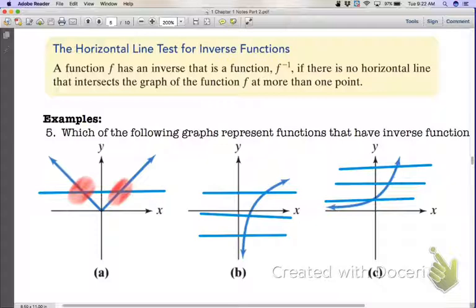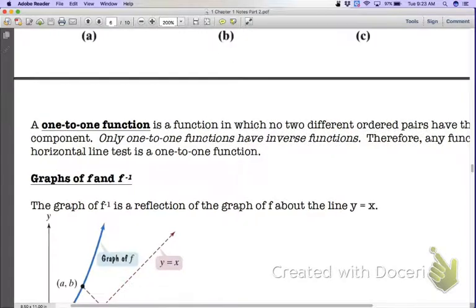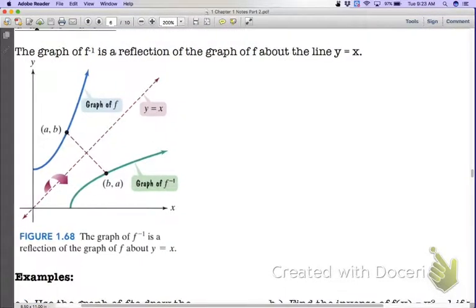So if it passes the horizontal line test, then it's going to be one-to-one if it passes the vertical line test as well. If it's one-to-one, then that means the inverse will be a function. So that's a little bit of what you've already talked about and what you've already done. Basically, anytime you have a graph, all you're going to do is flip the x and the y values.